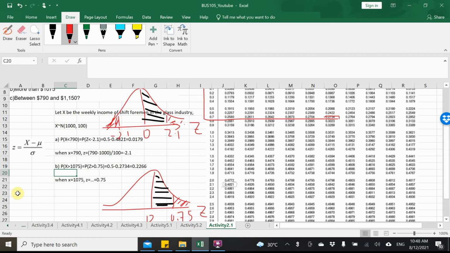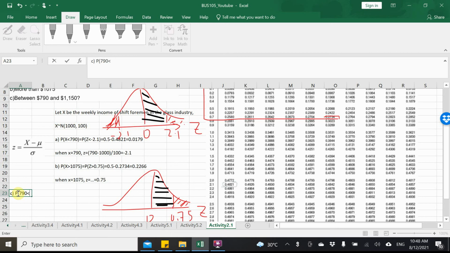Now for part C, we want to find the probability of X between 790 and 1150. Between means smaller to larger: you write the small value on the left-hand side and the big value on the right-hand side, right?